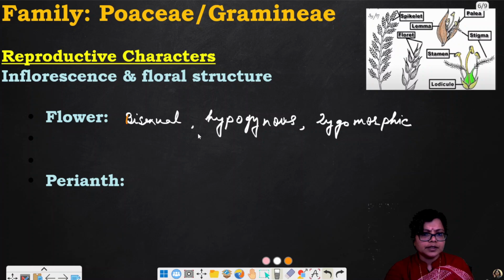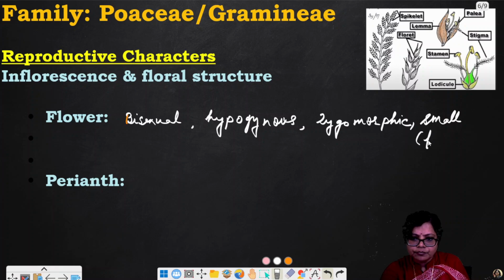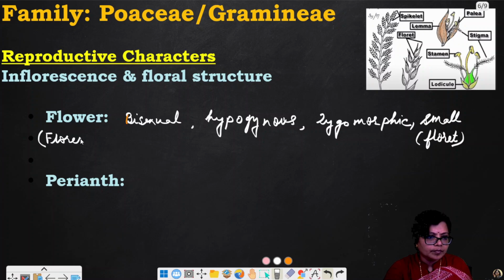The flowers are very small. That's why termed floret. In another plant family, the term floret is used. Can you tell me which family? Do write down in the comment section below.